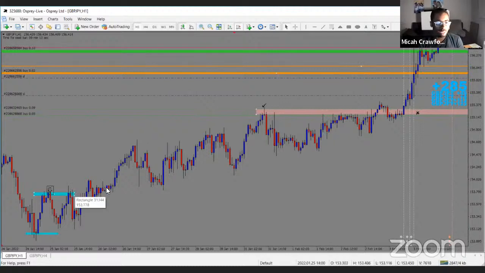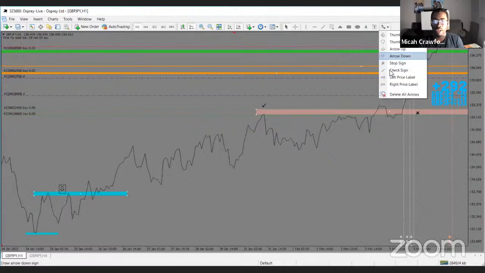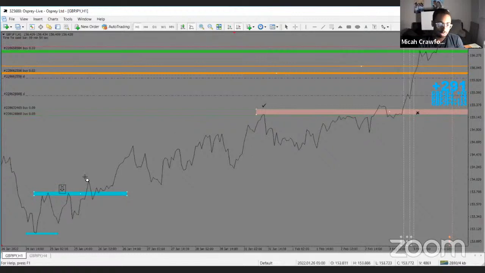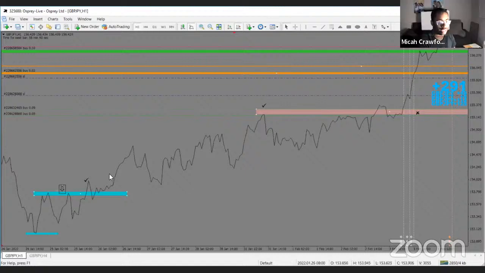So eventually, this area here, if I put it back on the line chart, do these little highs get broken? And does the market create a new higher high? Yes, it did. Very good.